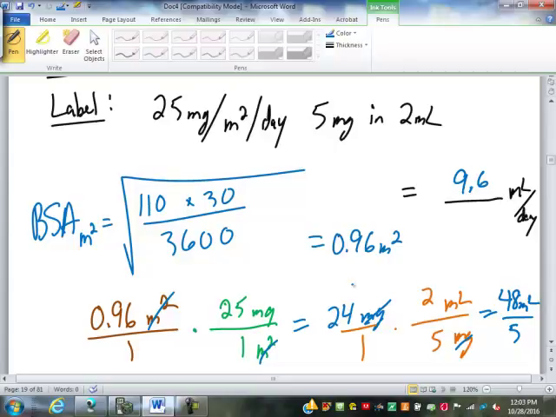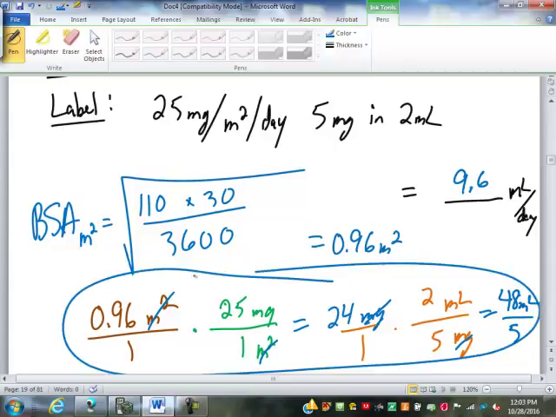Could have done this all in one row like I've been doing all the other problems, but I took a pause in the middle. How many of you came up with 9.6 milliliters per day? Anybody have questions on how we came up with that or anything we did there? Okay.